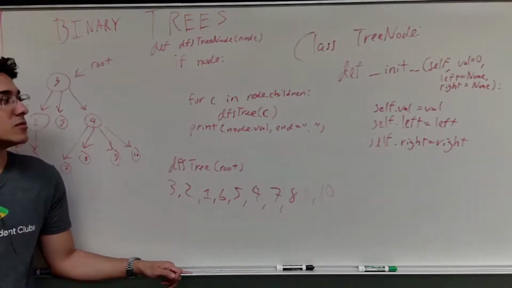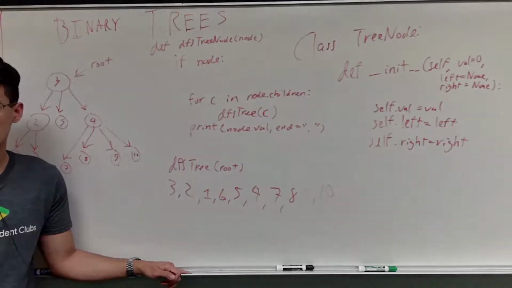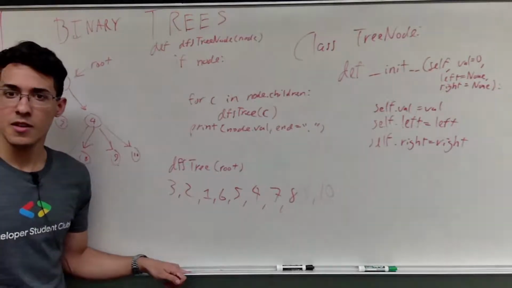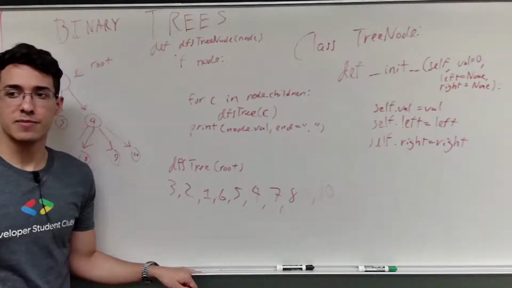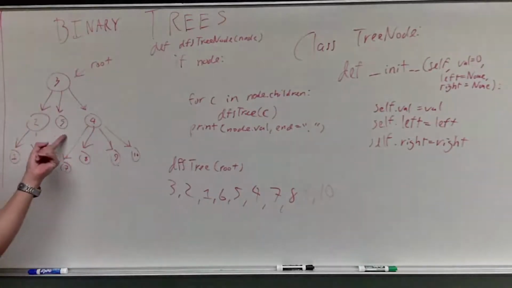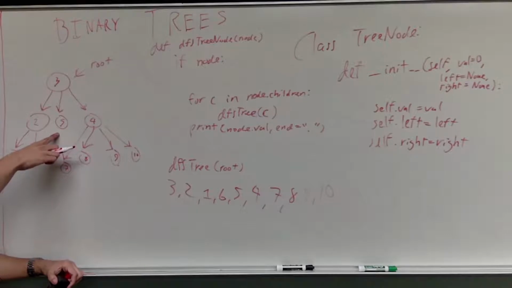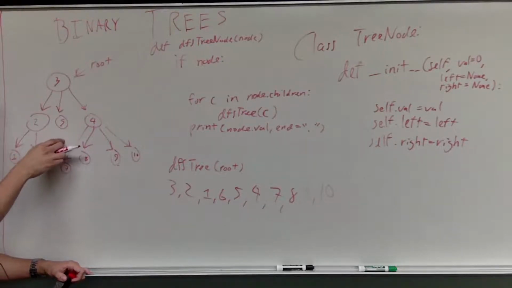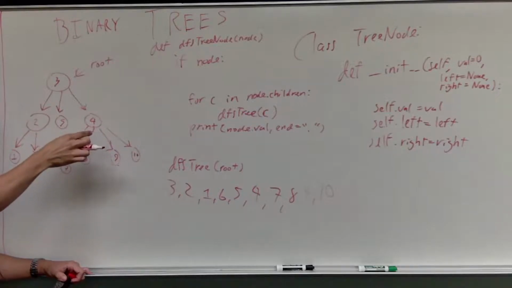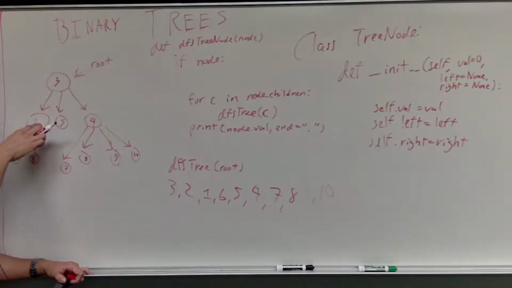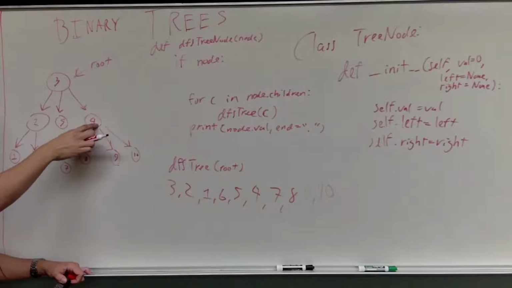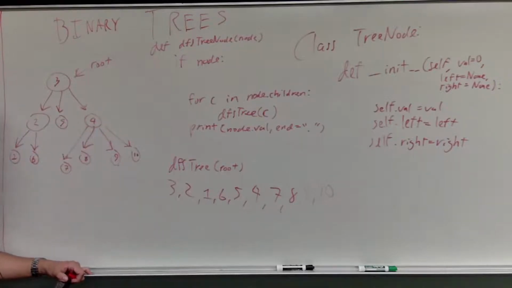So, does it matter the order that the list of children is in? I think it's just set. I think I get what you're saying, because this could have been called first, right, in the list. I think the way you draw it is by convention. This is left to right, so this is the first child, and then this is the last one. That's just how I would draw the map.